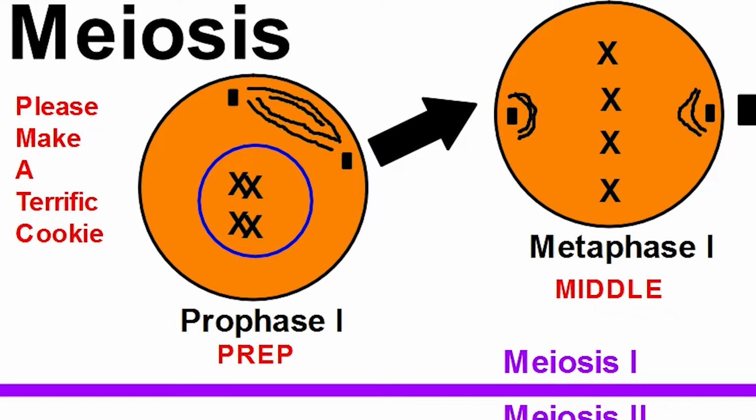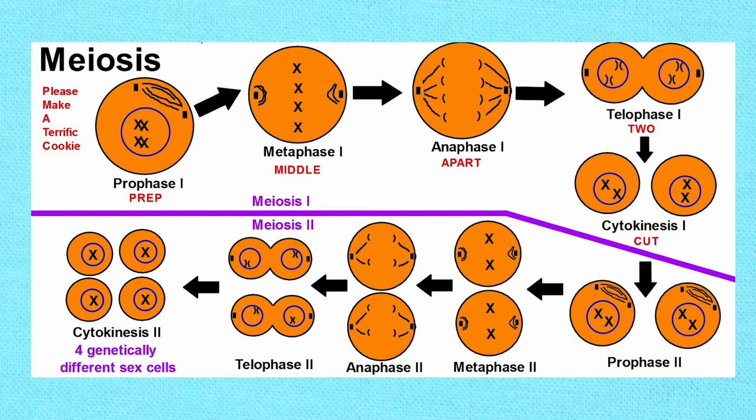However, you'll see the X's are kind of overlapped, and that is on purpose. Since the specialized cells we're trying to create are sperm and egg, we do not want to create identical copies of the original cell. The reason for this is because we know that diversity increases your chance for survival. So if we're creating sexual reproduction cells, we want them all to be different. We want them all to produce different offspring with different combinations of traits.